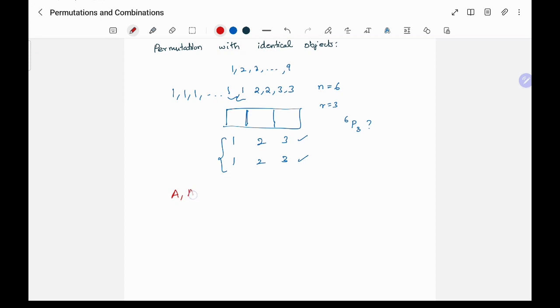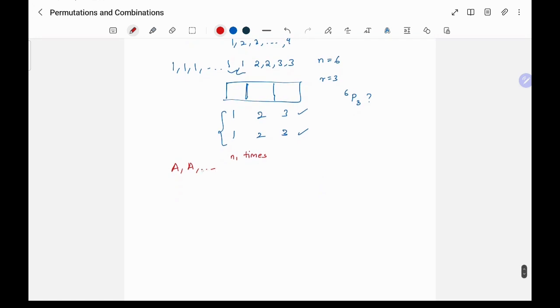So we can think of it like this, right? Let's say there is object A repeated some n1 times. So again, it will depend on how many a's are present, right? If there is just one a here, it will just be replacing this a 1 time, which will be equal to n1.